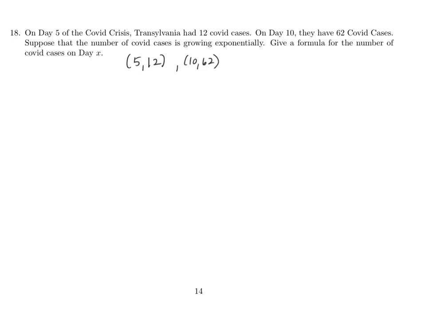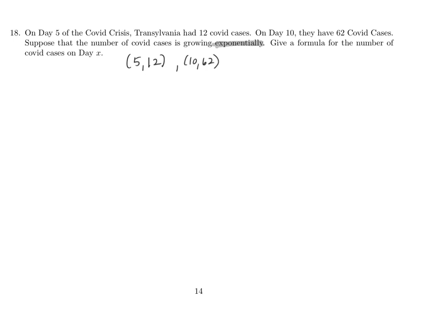Suppose that the number of COVID cases is growing exponentially. So there's a key word here. Give a formula for the number of COVID cases on day X. So this is like the problem that we did earlier where we're finding a formula given 2 points. So this is just like number 13. It's just in a word problem format.